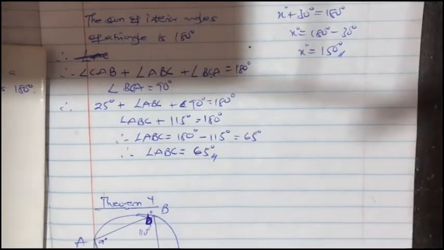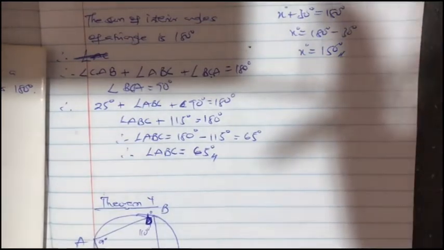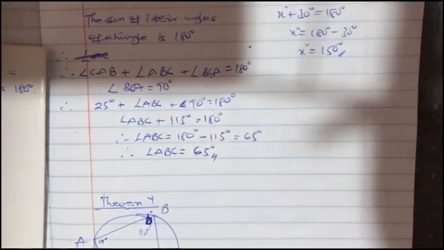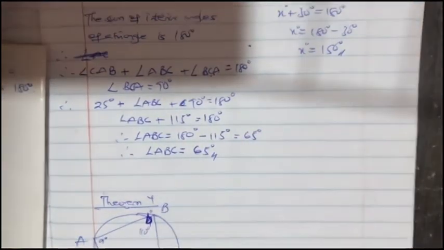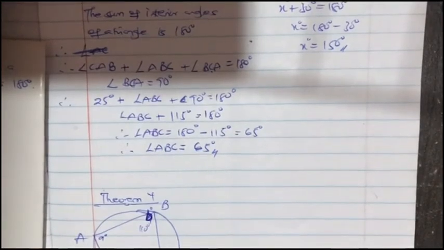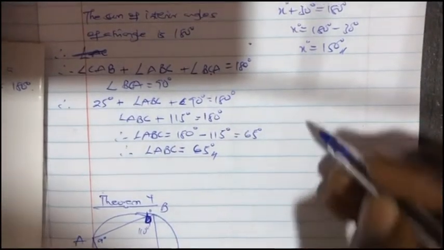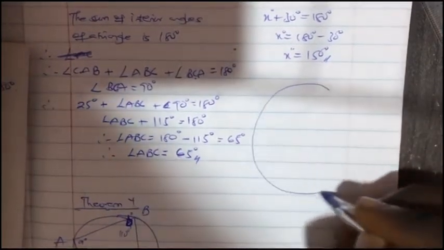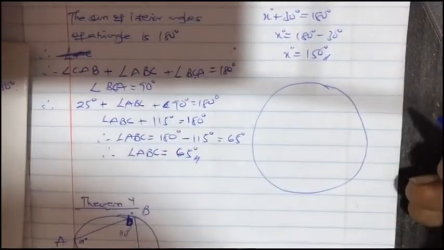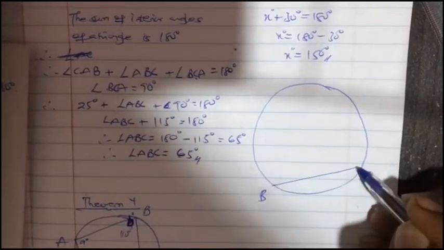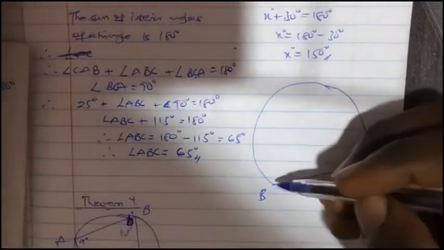So as simple as that. Let's look at a more difficult question. So we have a diagram, which is not drawn to scale, and we have B, C. We already know that this is a chord.